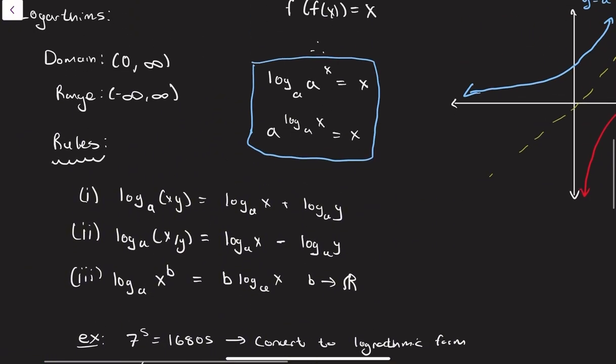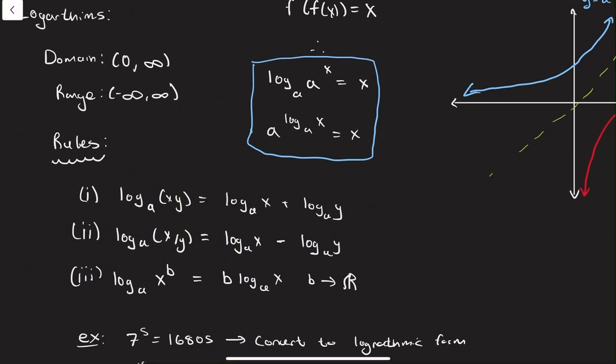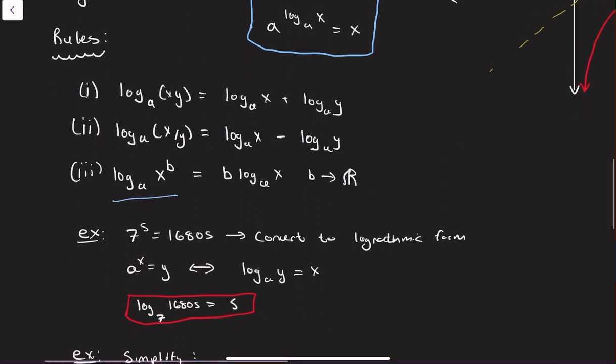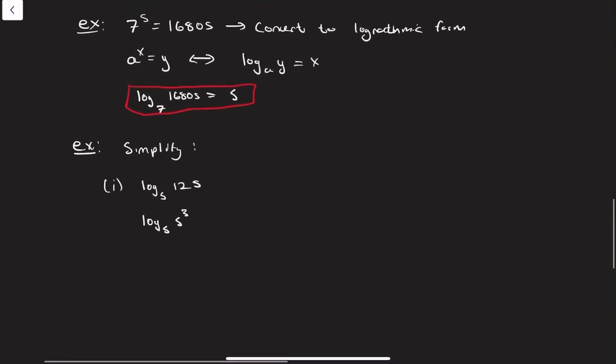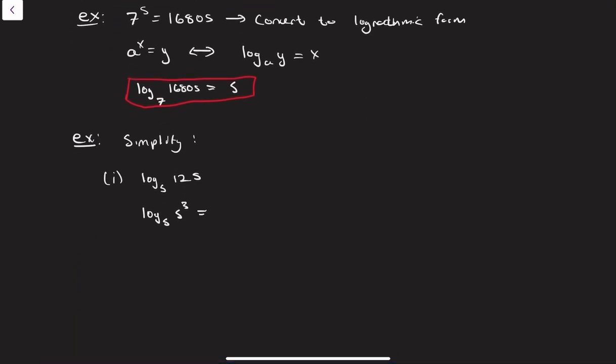And recall from this law right here, we can convert that to this form. Meaning we can bring down the 3, so we'd have 3 log 5 of 5. Perfect. Well, it turns out that this is just 1.